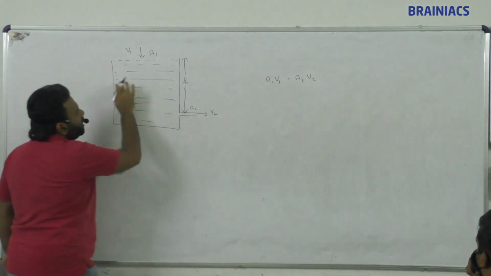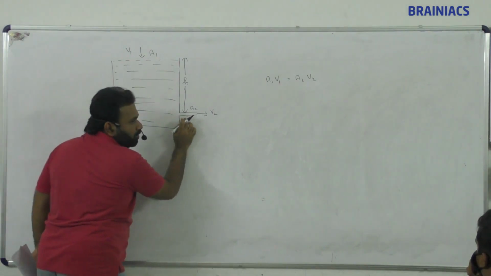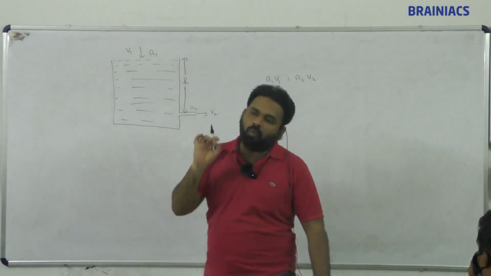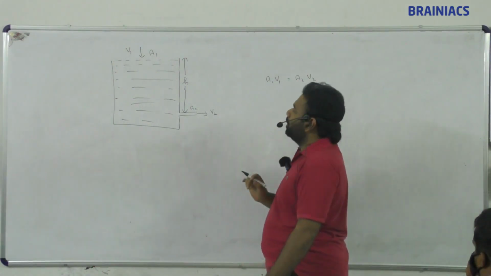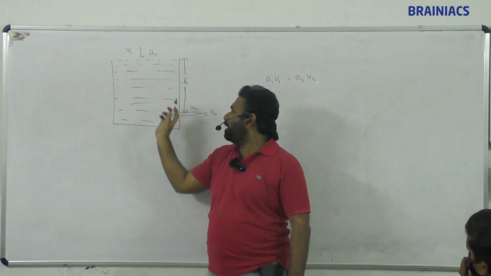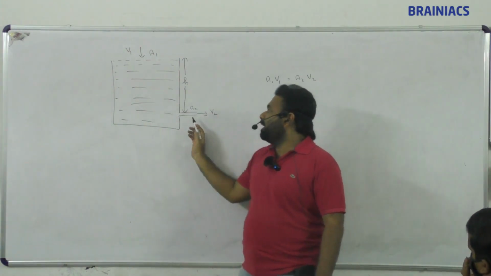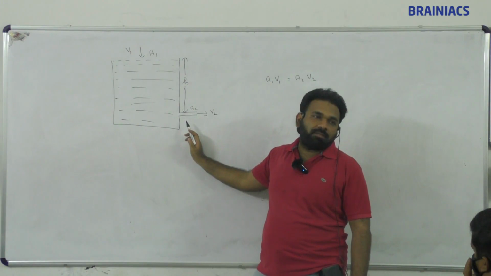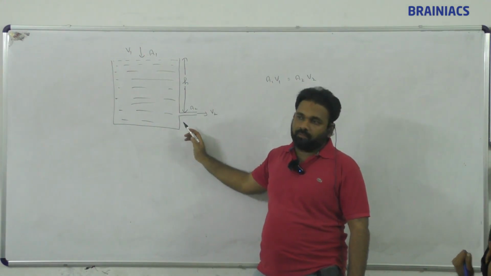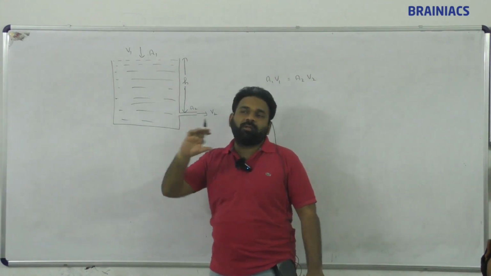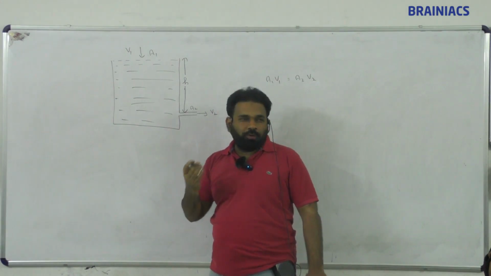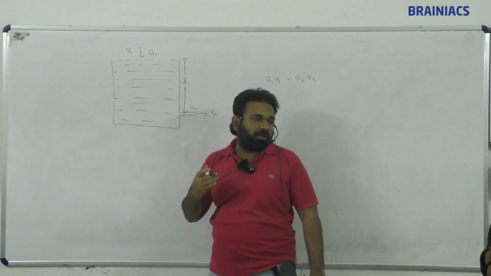Suppose this orifice, that is this hole, is very small, then compared to this one and this one, this area can be considered as 0. Otherwise, in the question they will mention the ratio, like A1 by A2 is 0.2, 0.4, 0.5.